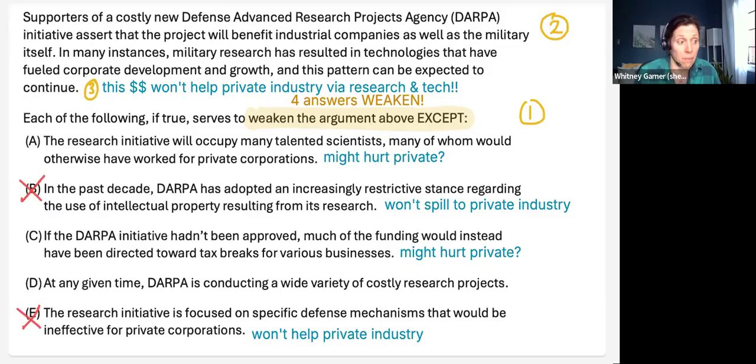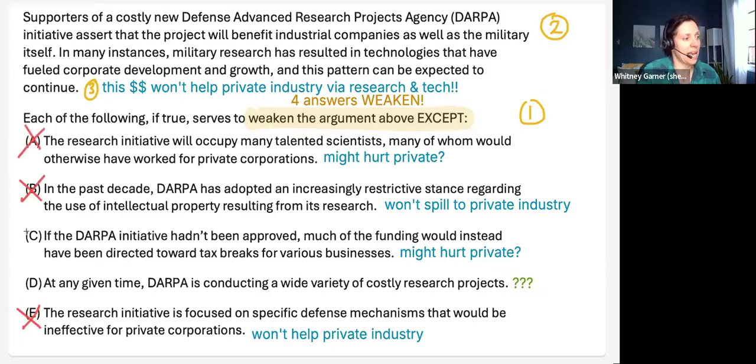But I don't have any idea about whether this costly research helps or hurts. I have no idea what the impact of this knowledge is. And so this is a really good example of something that doesn't weaken because it has no impact.